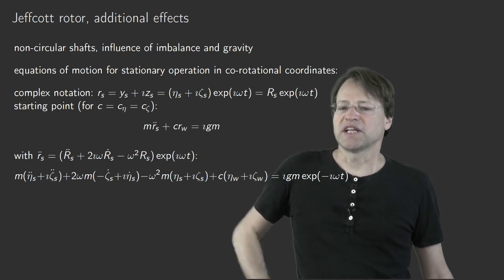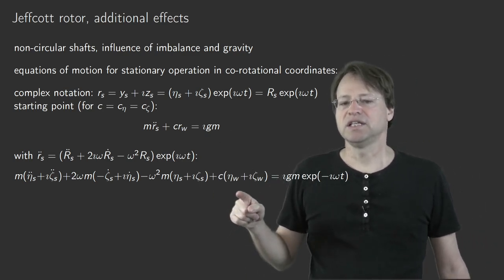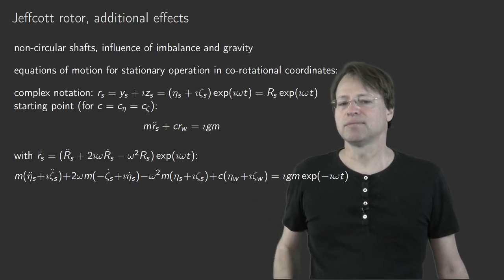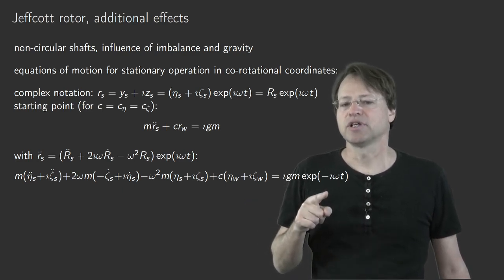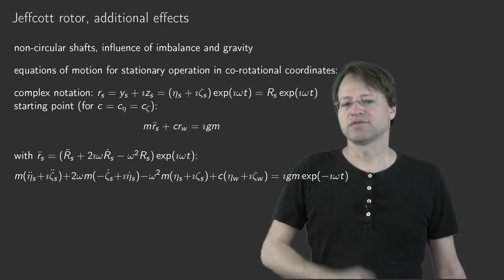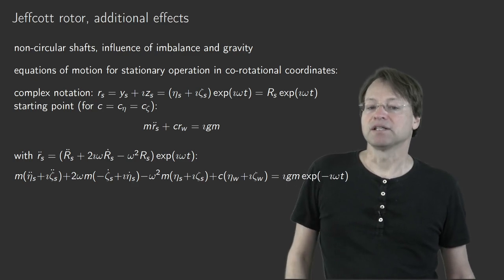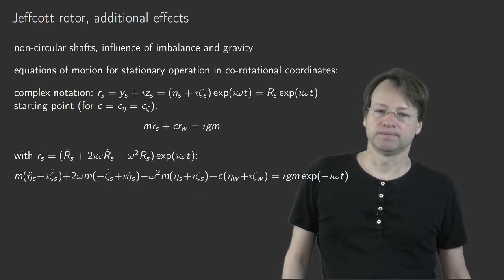Then we are moving to the second term, c r sub w, which is then just c times eta w plus I zeta w, and again exponential I omega t moved to the right-hand side with a negative sign in the exponential function. So we have exponential minus I omega t here.